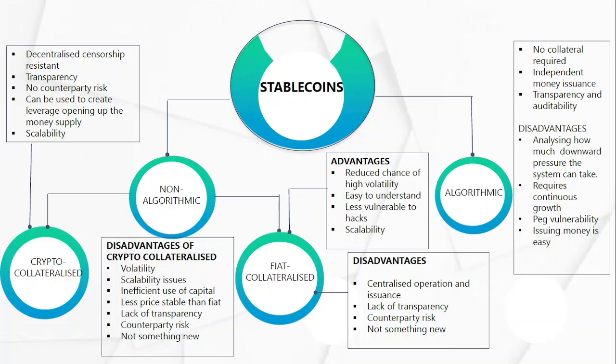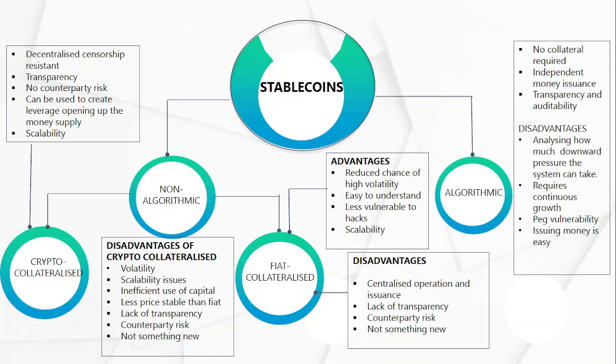BNUSD, if you want to talk about it in balance. In terms of disadvantages, how much downward pressure can the system take? How much selling can it take, given that it costs to maintain the peg? It's really unknown how much it can take.